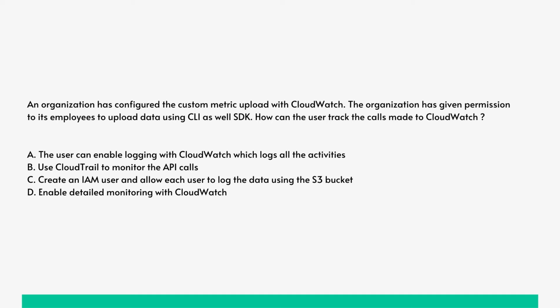Option A, the user can enable logging with CloudWatch, which logs all the activities. Option B, use CloudTrail to monitor the API calls.